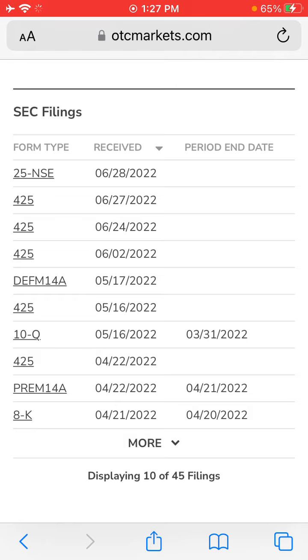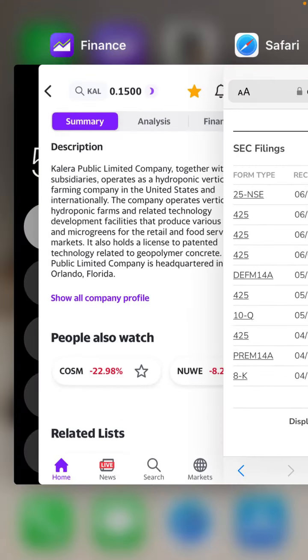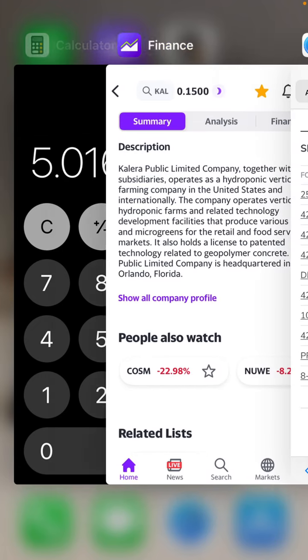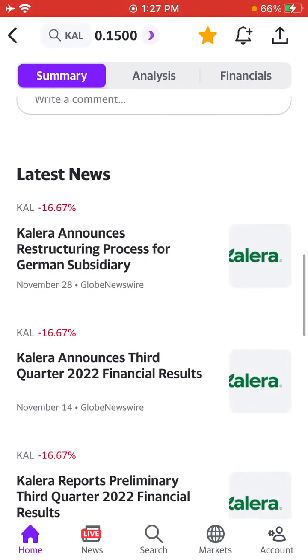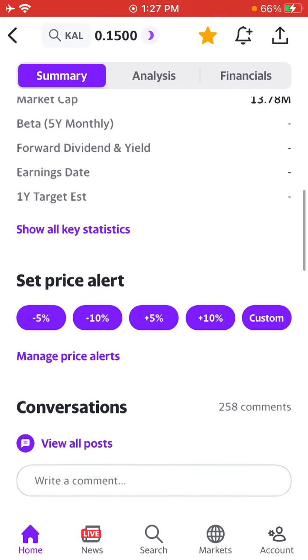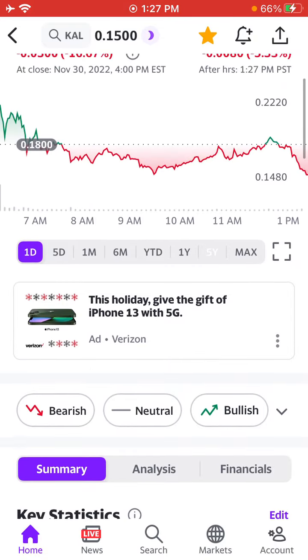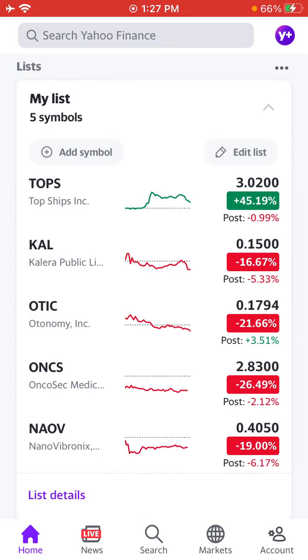But anyway, I would still go based off this float and not the 77 million. So I'll say maybe the float is around 14 million for this company.